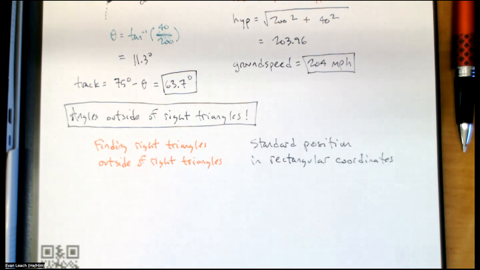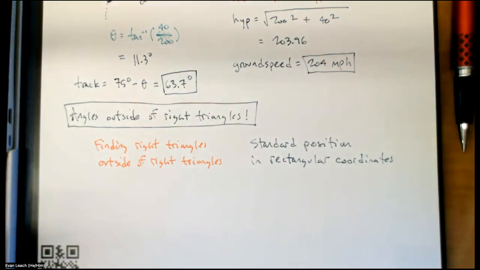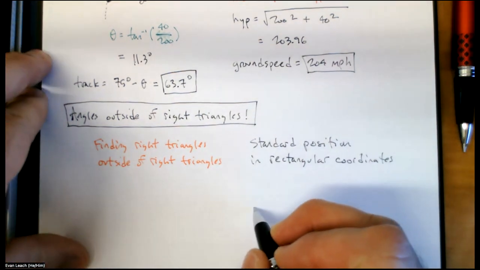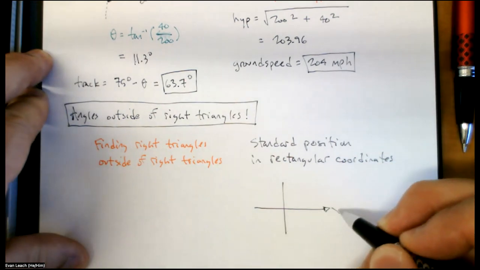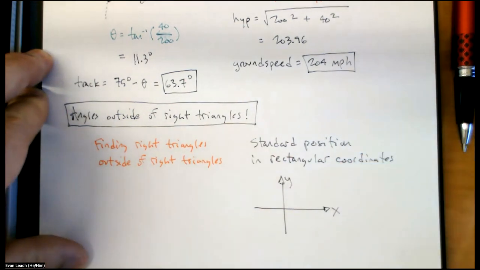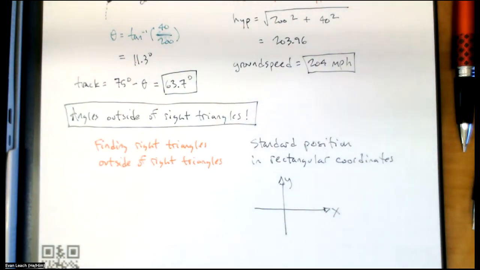So rectangular coordinates is going to be an X and Y coordinates. Our X is going to be horizontal. Here's a set of rectangular coordinates. Here's how we're going to define standard position.